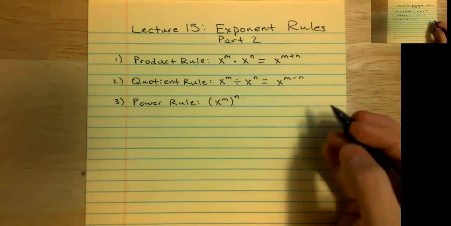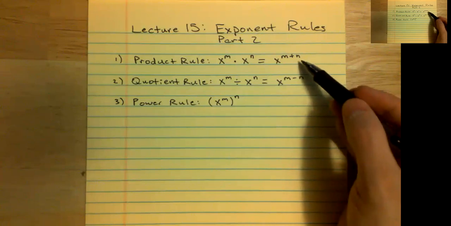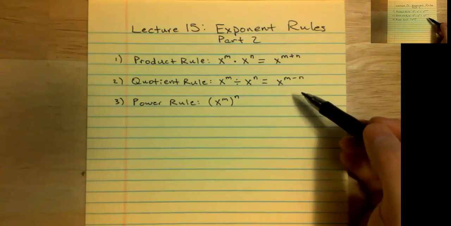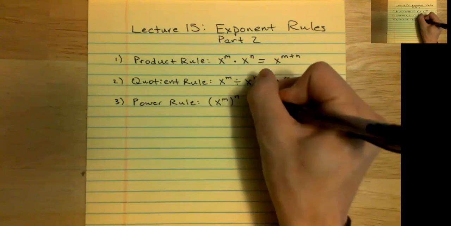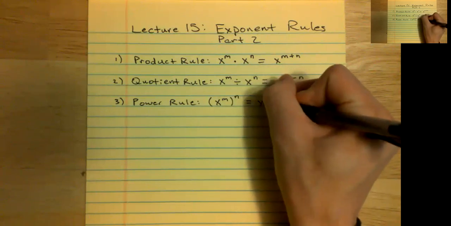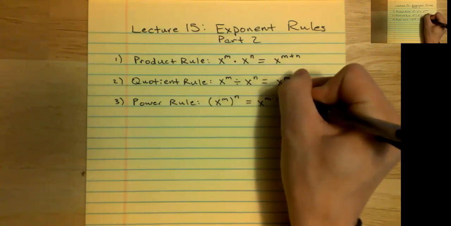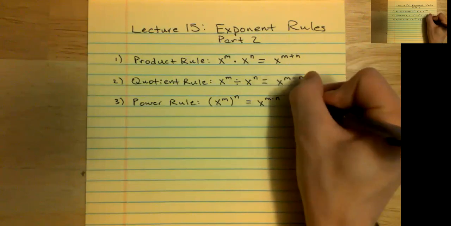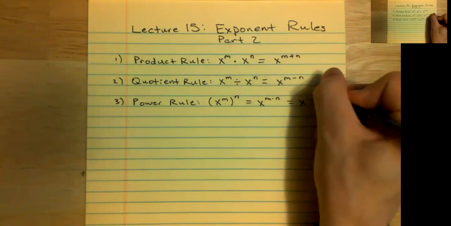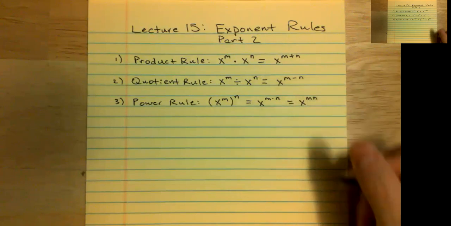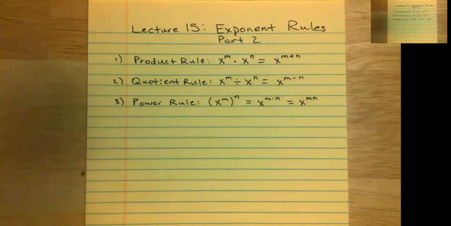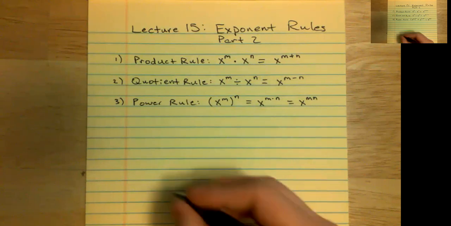So if I have this kind of situation, I'm not going to be adding the exponents, but I'm not going to be subtracting either. I'm going to be multiplying. And that's how I get x to the m times n. Or I can write it without the dot. I could have x to the mn power. Okay? All right.